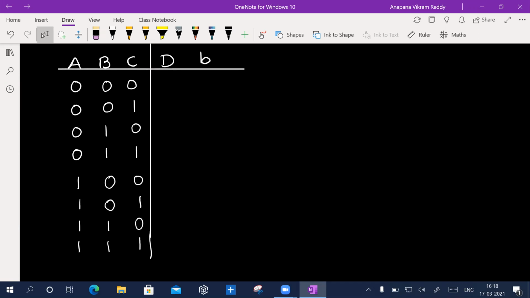Now you just help me out in getting this difference and borrow. So difference is 0, borrow is 0. And in this case, what is difference here? For second case, what must be the difference?